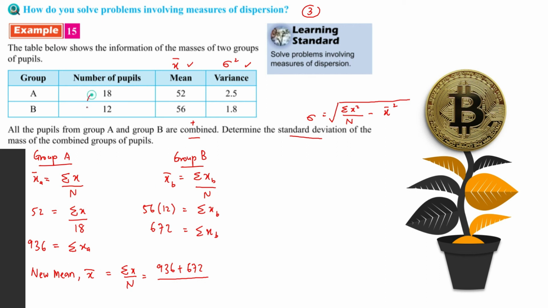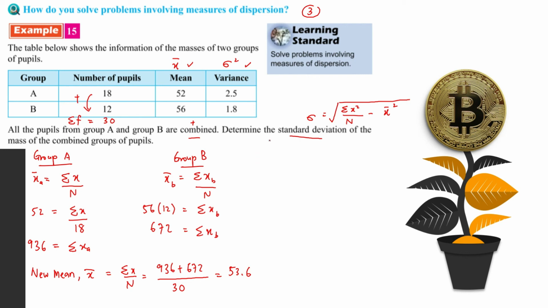So here is plus. The number of people, which is the total of frequency, equals 18 plus 12 equals 30. So over 30, and then you will have the mean is 53.6. Okay, so this is the new mean.